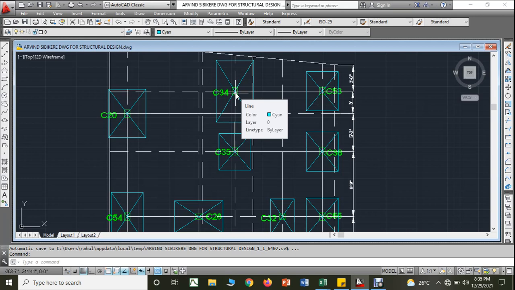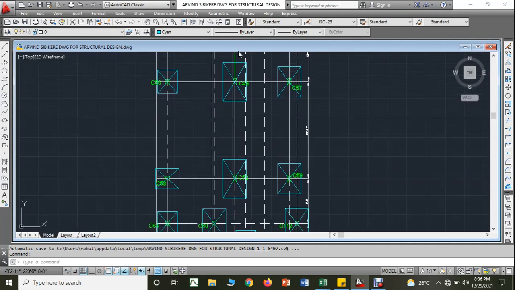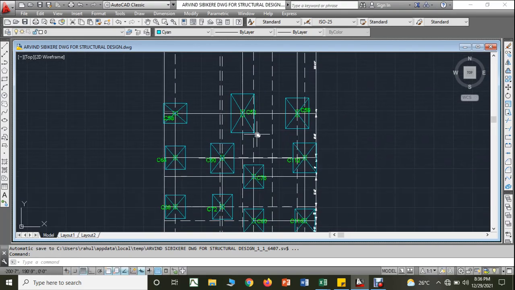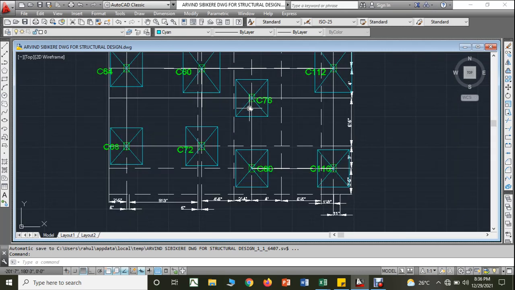Keep it in mind, students, you should not have any overlapping of the footings. By looking into these footing positions, you can very clearly note that there is no fouling of the footings on one another. There is no overlapping.